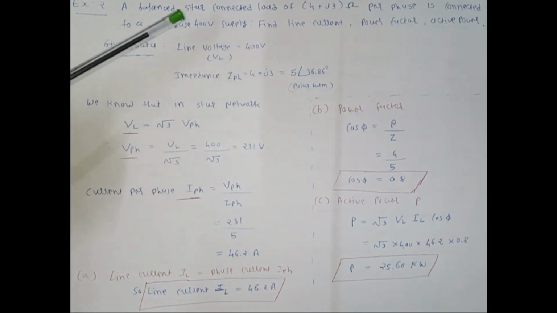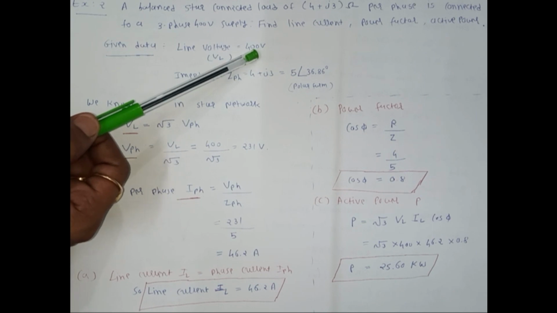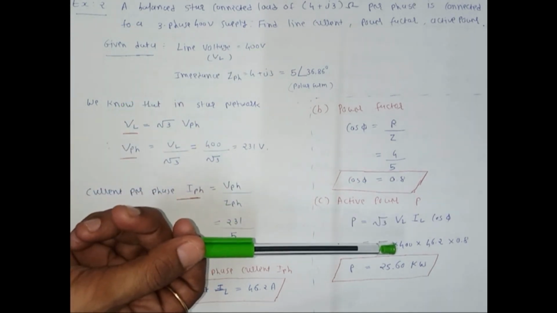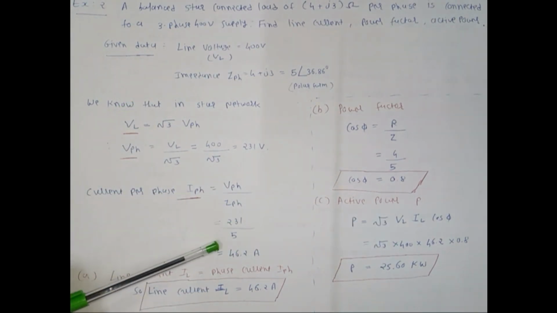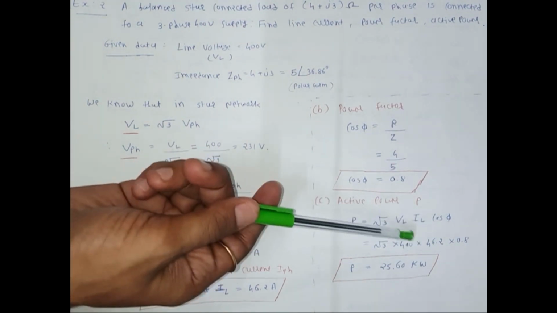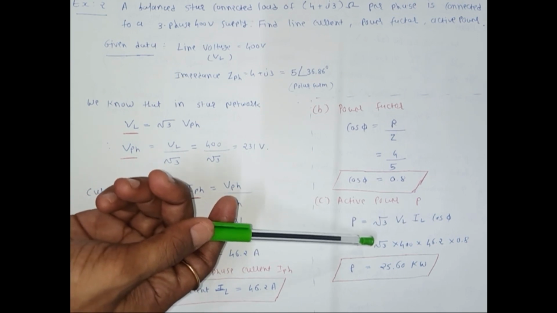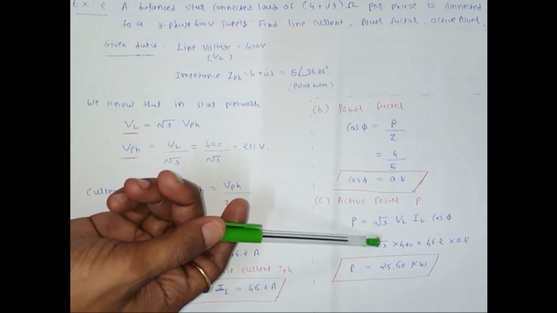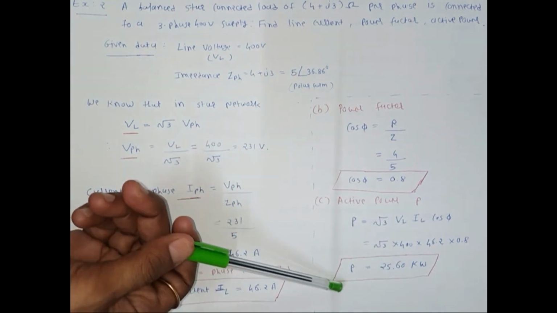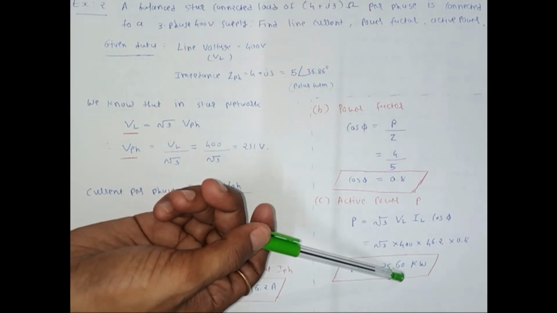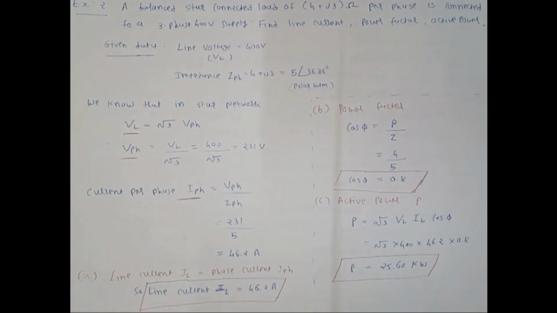VL equals 400 volt, IL equals 46.2, and cos phi equals 0.8, which we already found. So the total active power equals root 3 VL IL cos phi equals 25.60 kilowatt. Okay, so these two are the examples on star network and delta network.